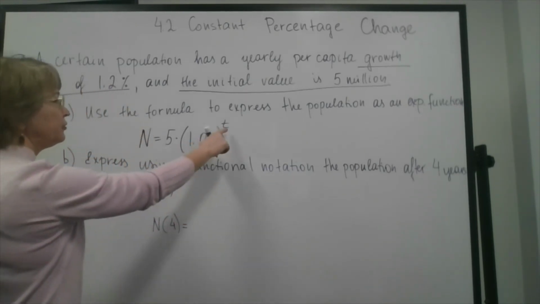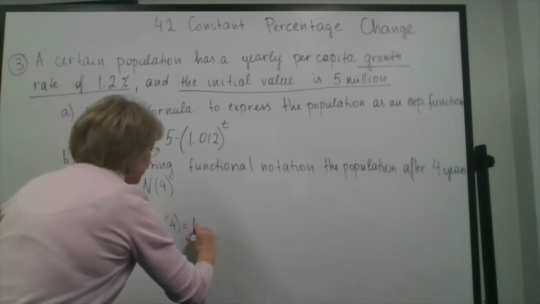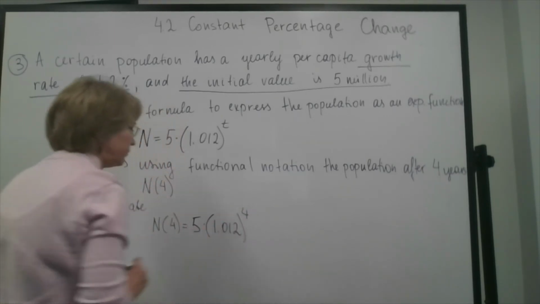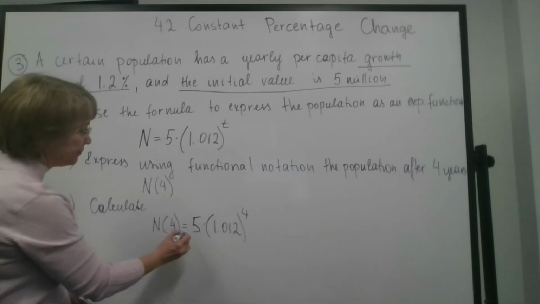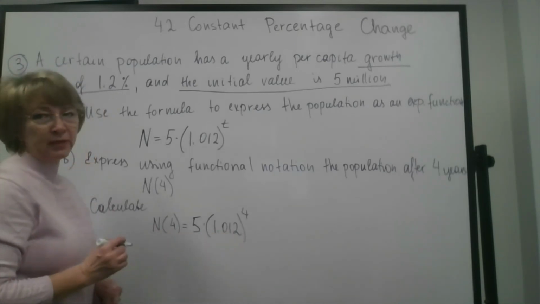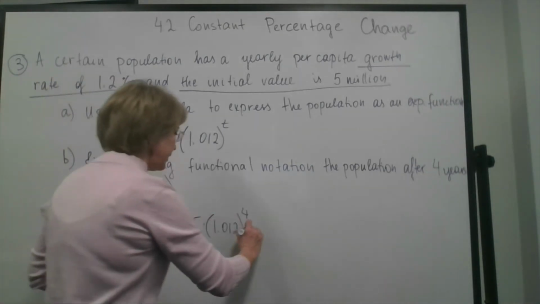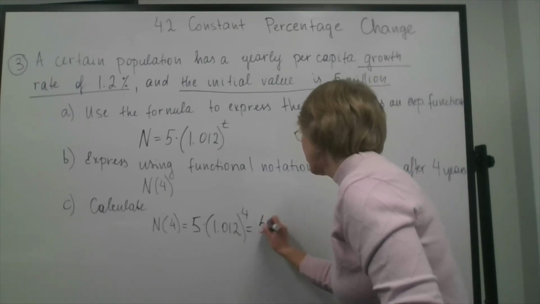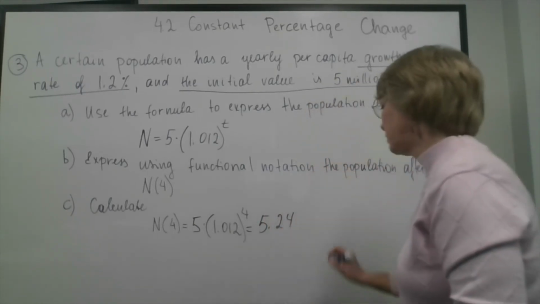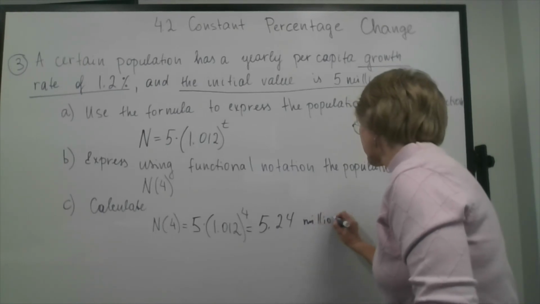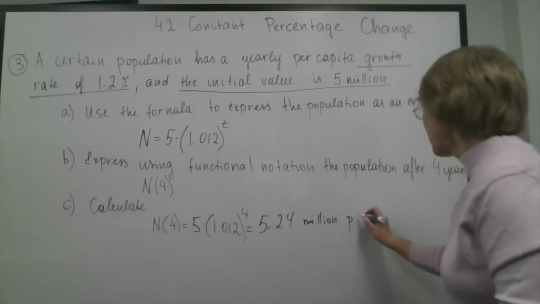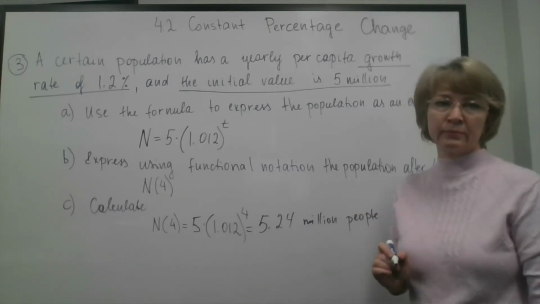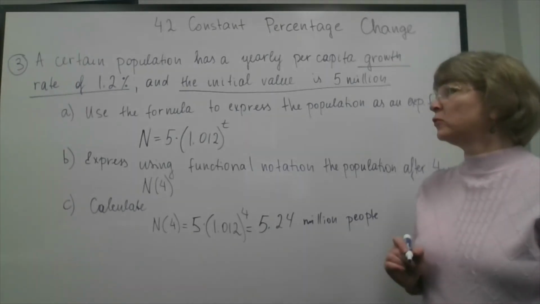We will just substitute 4 for t into the formula: 5 times 1.012 to the 4th power. I would recommend you type this expression from beginning to end on your calculator. It will be 5.24 million. And since we're talking about population, I will say people. I hope this problem was not hard for you.